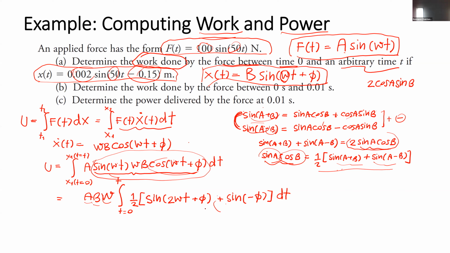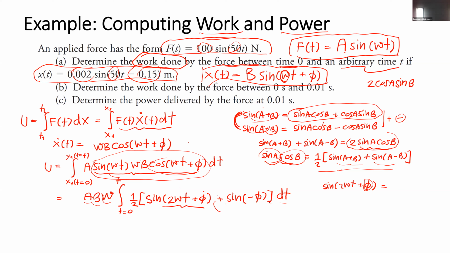And we can do the integral. The sine of 2 omega t plus phi is sine A plus B. You can separate it into two terms like this, but the sine of the phi will be just a constant. And you can do the integral.